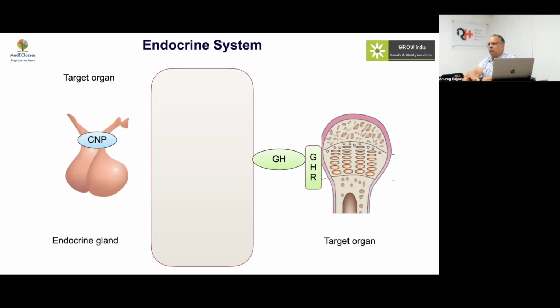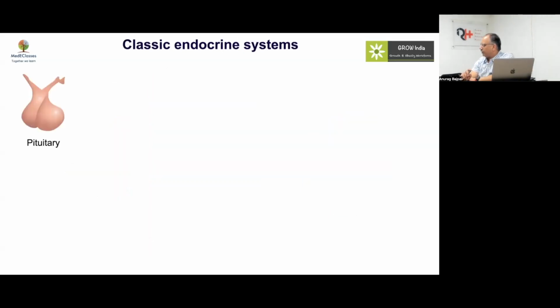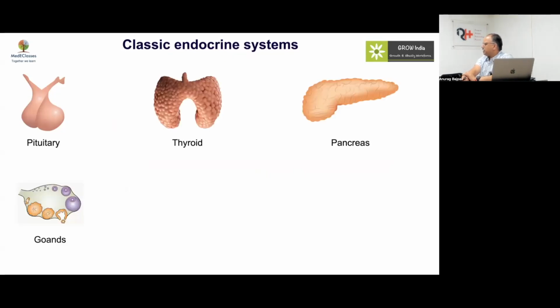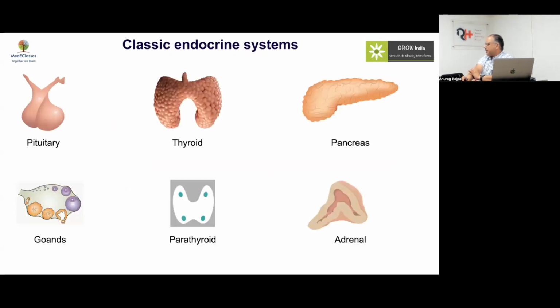But what we are going to do today is mainly talk about the classical endocrine systems so that we don't get too much into all those conflicts. So I'll talk mainly about these systems: the pituitary, the thyroid, the pancreas, gonads, parathyroid, and adrenal. So these are the core as far as the endocrine glands are concerned. The novel areas we will not be focusing on too much from that perspective.